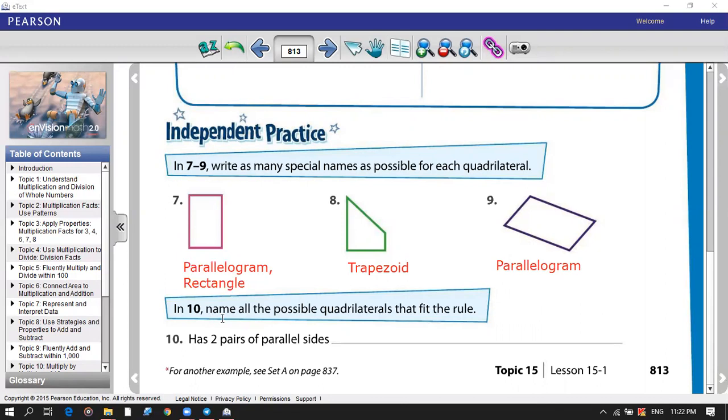In 10, name all the possible quadrilaterals that fit the rule. Has two pairs of parallel sides. I want to write all the shapes that have two pairs of parallel sides. So, of course, the parallelogram, the rectangle, because it is a parallelogram.